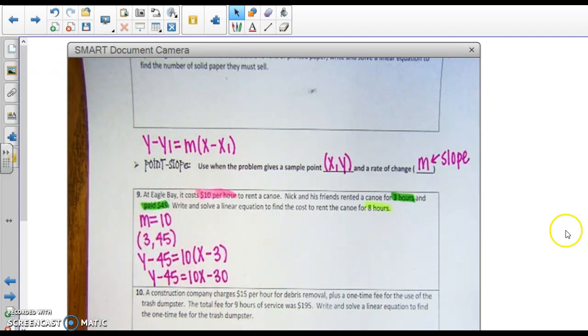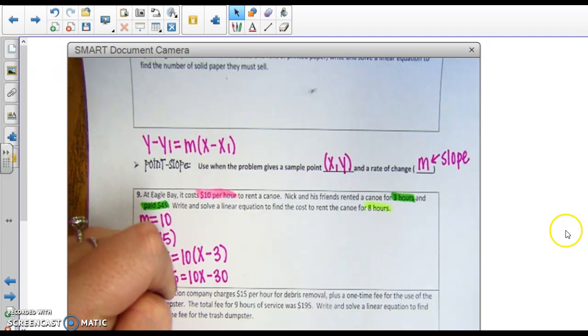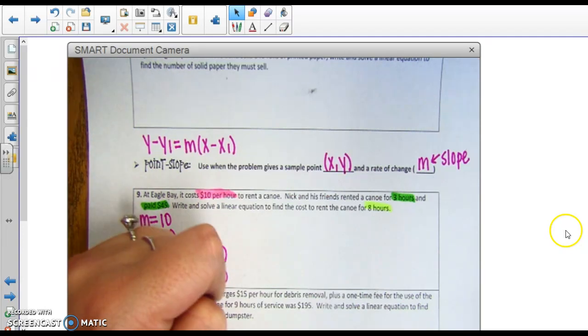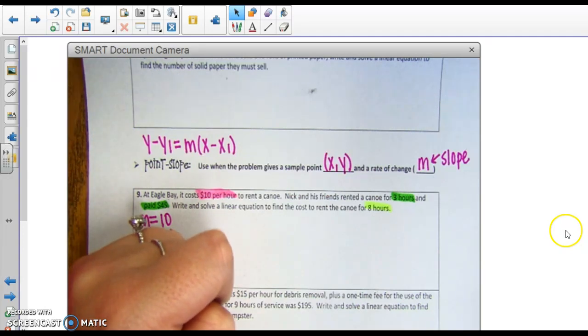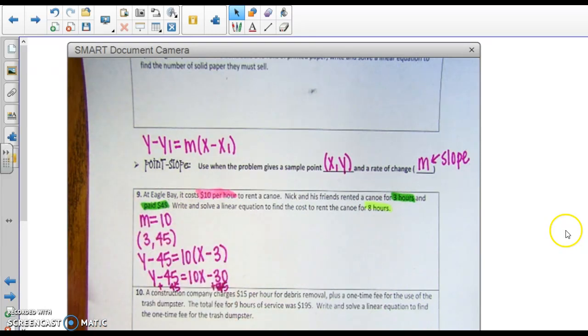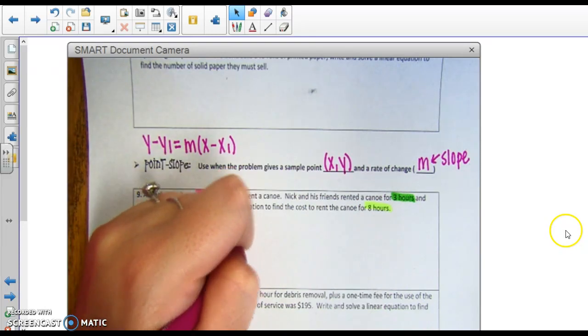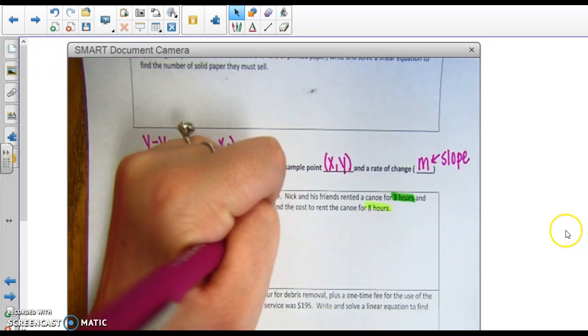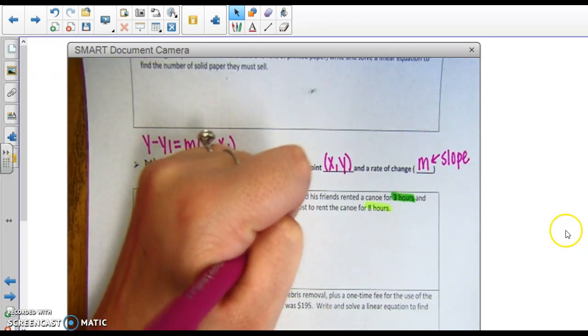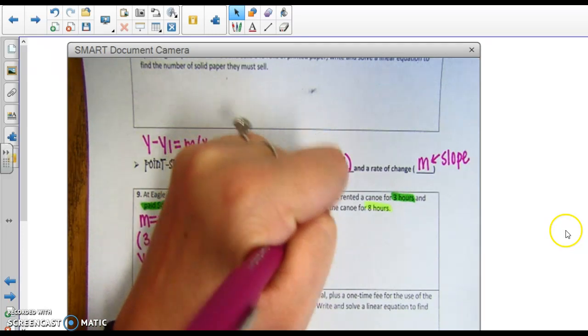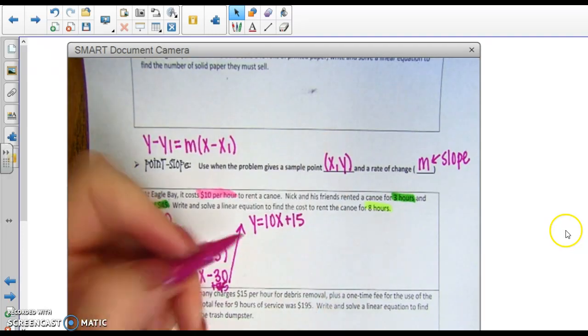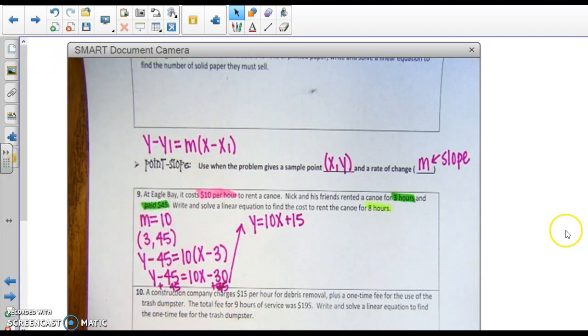Okay? So then I'm just going to add 45 to both sides. So I end up with y equals 10x plus 15. So now I have my equation in slope-intercept form.